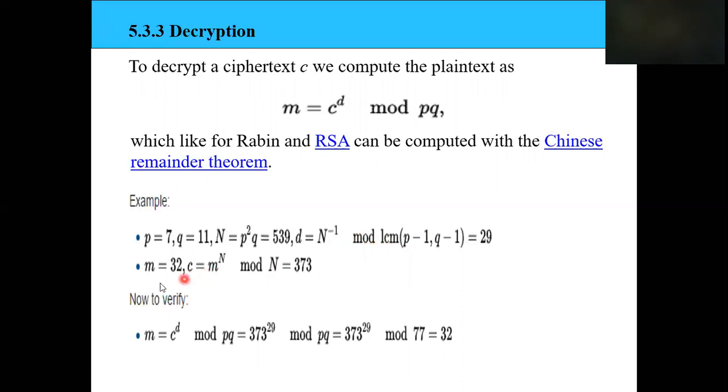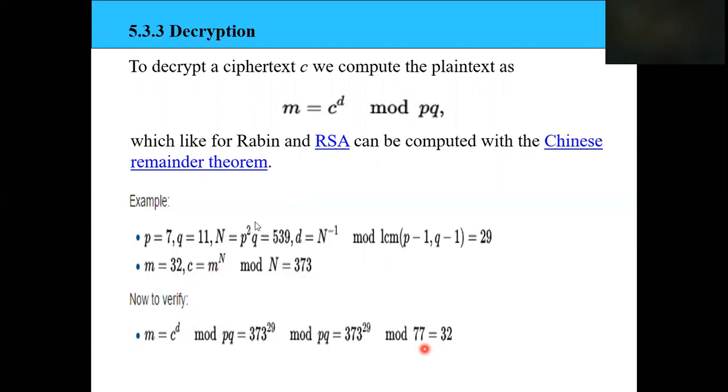Dear student, if m is 32, selected from the set of plain text Z77, you can take any number from 0 to 76. Compute c equals m to the power n mod n, which is 373, and in order to get back your plain text, you take c to the power d mod pq, and in that case you will get back 32, which is our plain text.